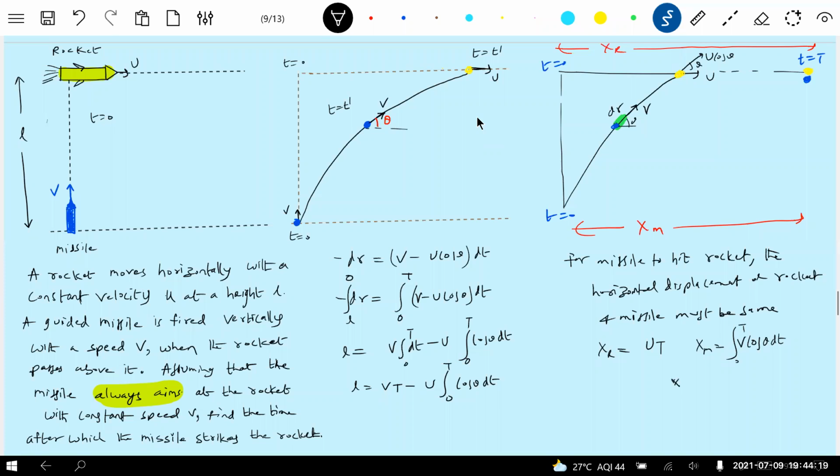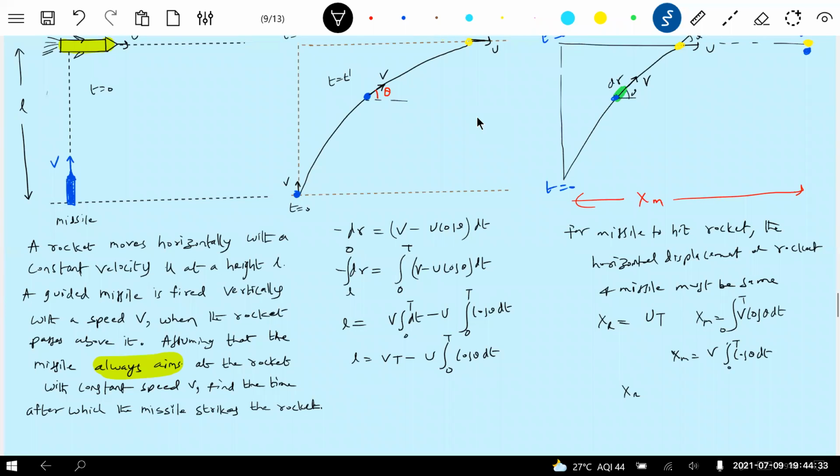V is a constant, I'll bring it outside. I'll equate these two. Ut is equal to V times the integral from 0 to t of cos theta dt.